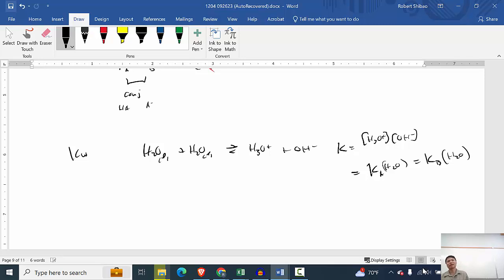So water can go either way. This is the Ka for water, the acid hydrolysis, but this is also the Kb for water, the base hydrolysis, because the acid and the base are the same thing. And so that's what we call Kw. And so this is called water hydrolysis, or we just call it water autoionization.